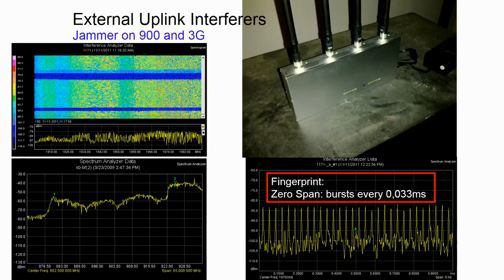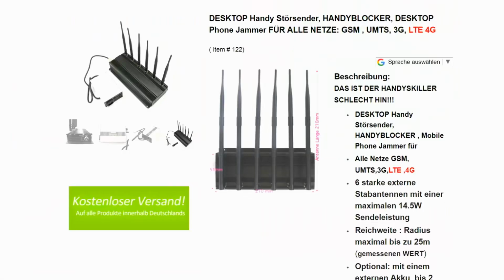And the jammer can be quite powerful. If you jam in the uplink, then the network operator will see that. This is not nice for the operator of the jammer, because it's highly illegal and it costs about 1,500 euros fine, and maybe even more prosecution.